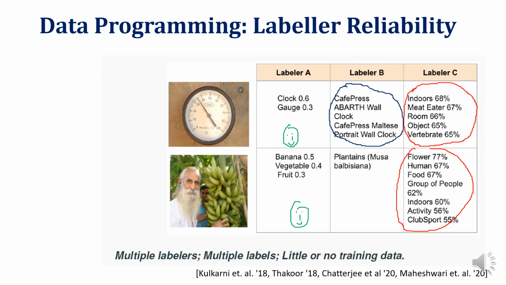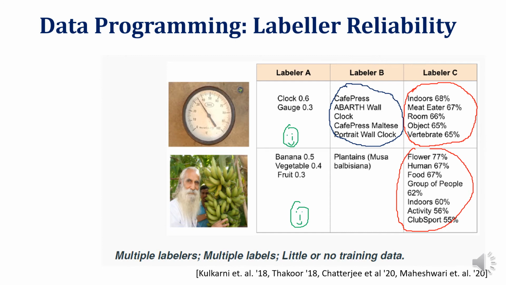One simple idea to estimate labeler reliability would be to look at the divergence of a labeler from the majority label, and you can intuitively guess here that labeler C seems to be all over the place, at least in the first domain, and in fact it's all over the place even in the second domain.